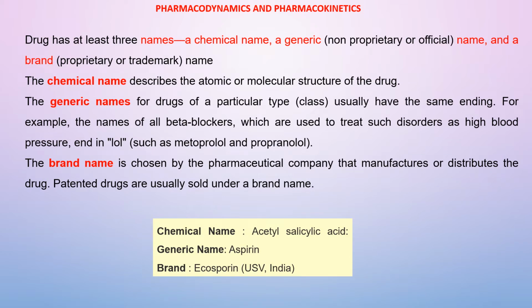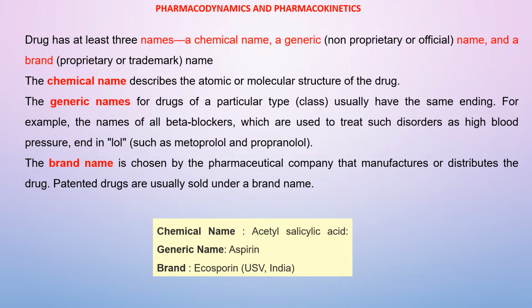The drug has three names. Chemical name, that is the molecular or atomic structure of the drug. Generic name, it gives the information about which group or class the drug belongs to. Example, antibiotic, beta blocker, etc. Then the brand name, which is given or chosen by the pharmaceutical company that has patented the drug.